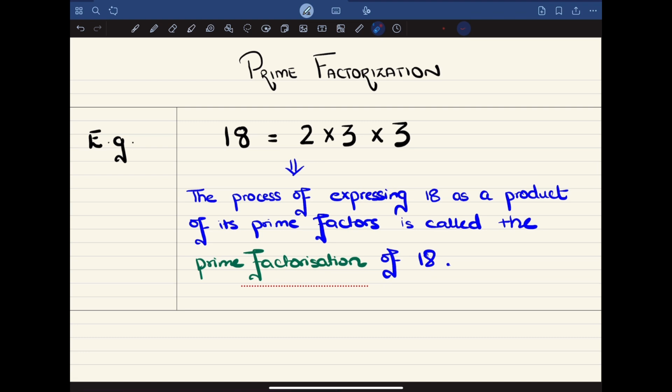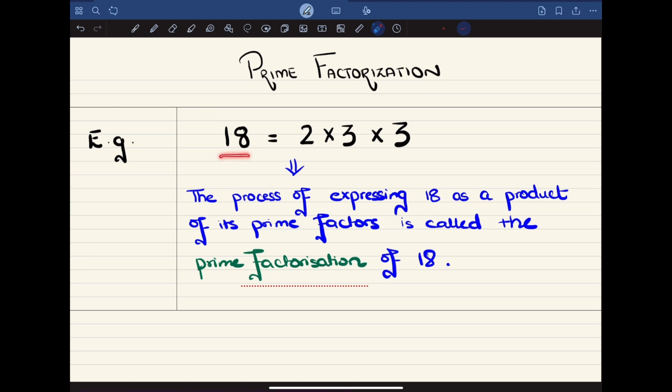So very simply, either the number is a prime number or you can express the number as a product of prime numbers.